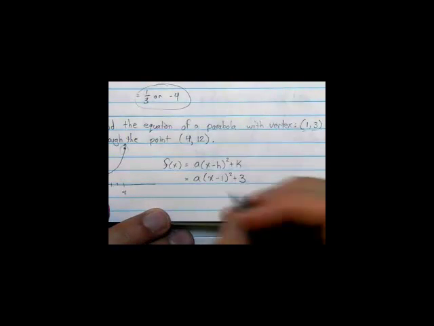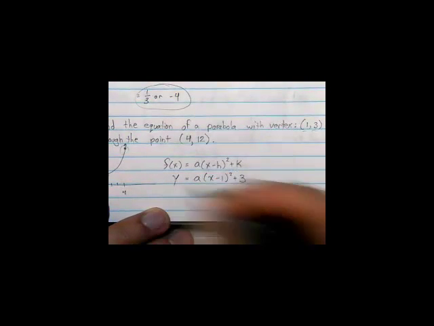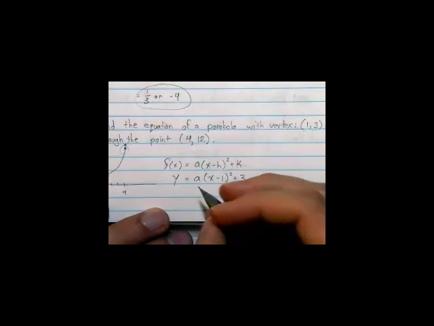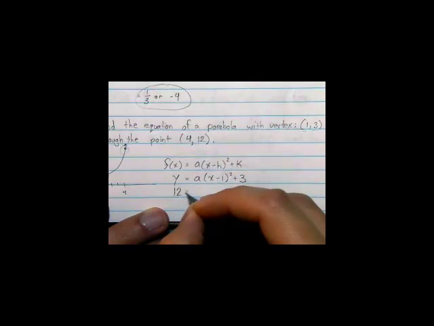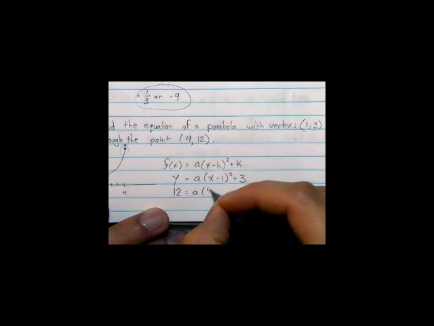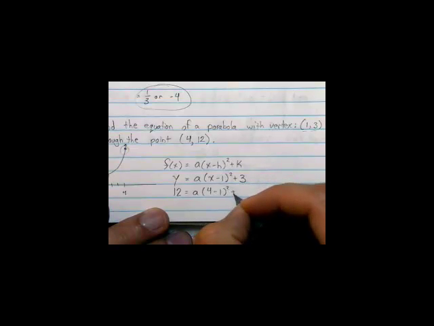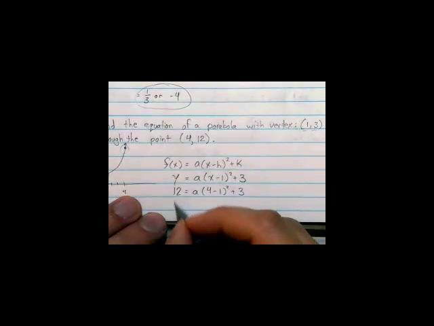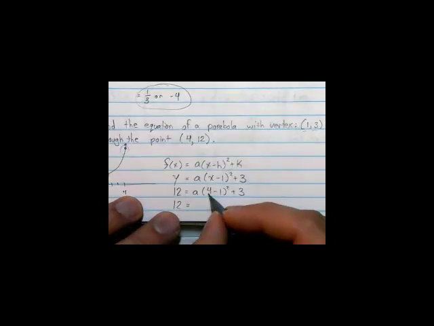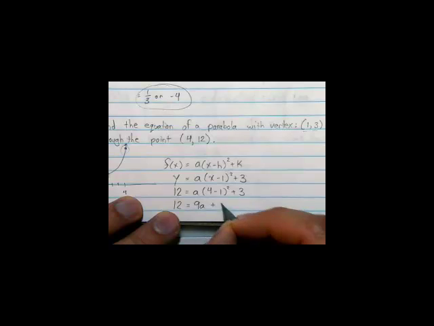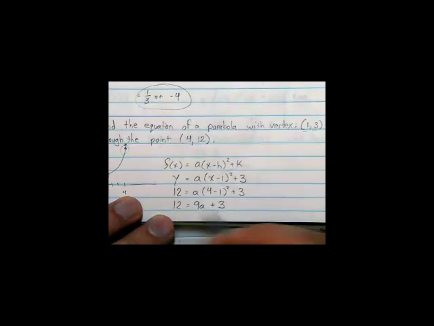So that's what I'm going to do, because this is actually just y. f of x and y are the same thing. So I've got 12 equals a times 4 minus 1 squared plus 3. So 12 equals, 4 minus 1 is 3, 3 squared is 9, so I got 9a plus 3. 12 minus 3 is 9, so 9 equals 9a, so a is just 1.